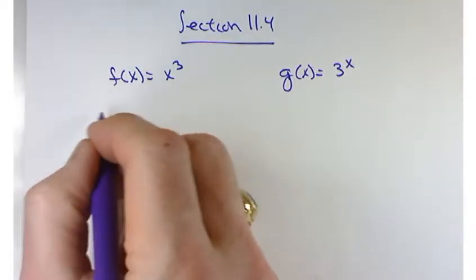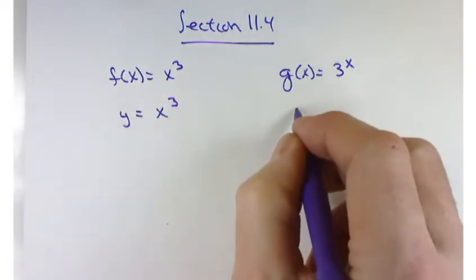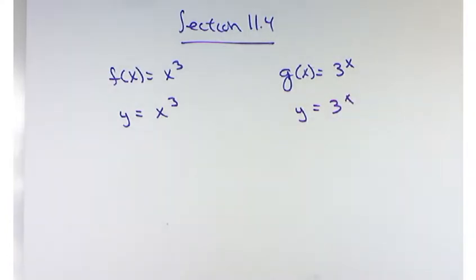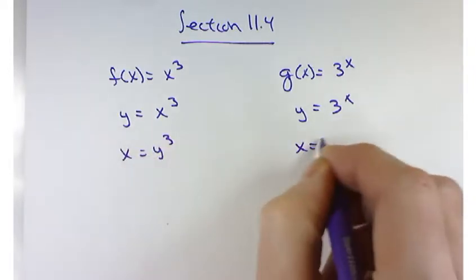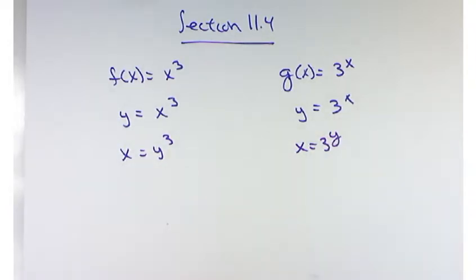So our first step in trying to find the inverse of a function is to replace the f of x or the g of x by y. What's the second step? Does anyone remember? Interchange x and y. So we'll get x equals y cubed and x equals 3 to the y. All right, good. Now what?